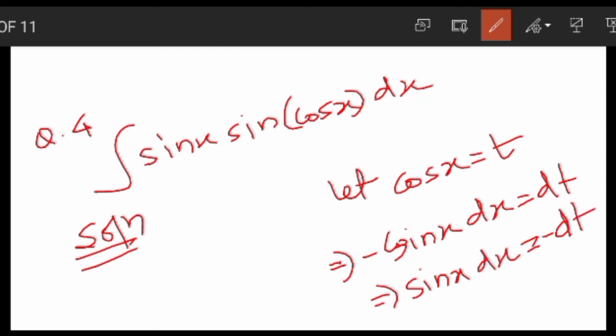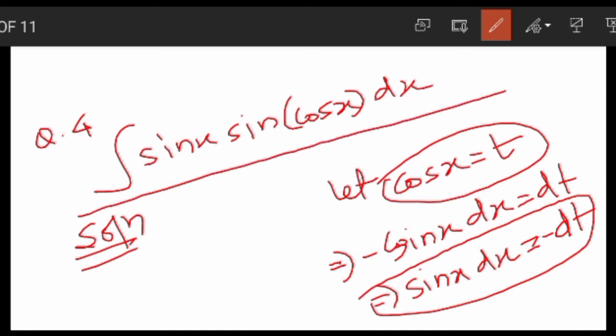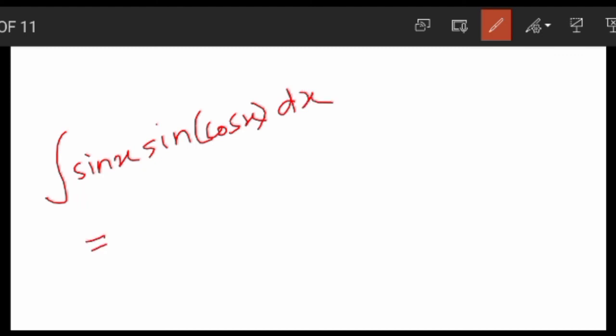Now substituting these values, that is cos x equal to t and sin x dx equal to minus dt in the given integration, that is integration sin x cos x dx, we have minus integration sin t dt.